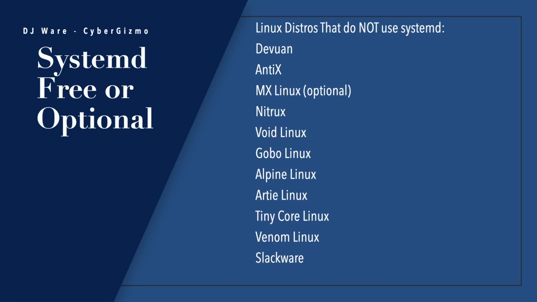So there are a number of releases of Linux, a few anyway, that do not use systemd, Devuan being one of those, Alpine, of course, being another one. There are also some of them that can be changed out.